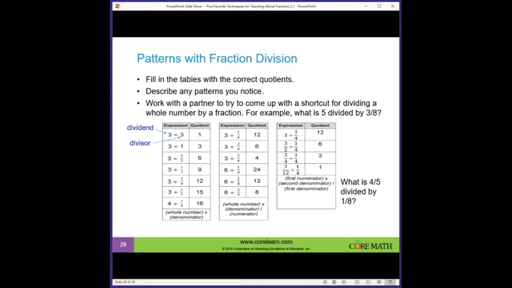And the key here is that we start to put this together. We can put those last 2 tables together and work with kids to get to the algorithm that for all fractions, we just invert and multiply is a nice shortcut to get there. But they've already done most of the work here, seen the pattern and made some sense of it.